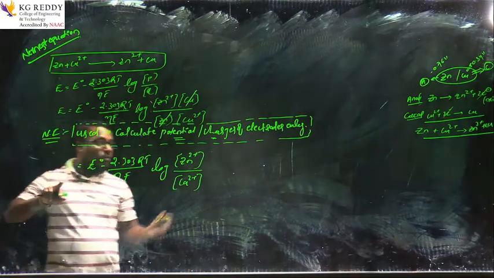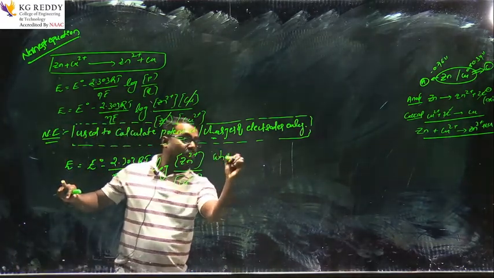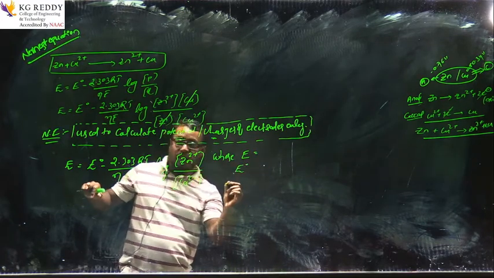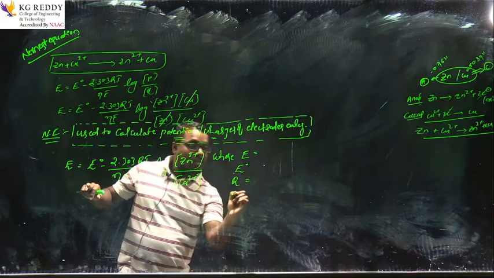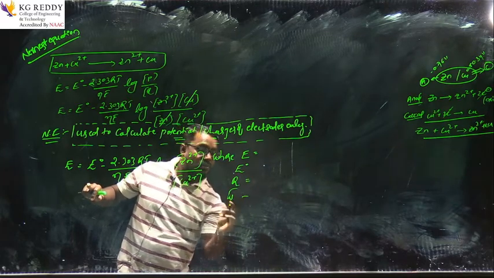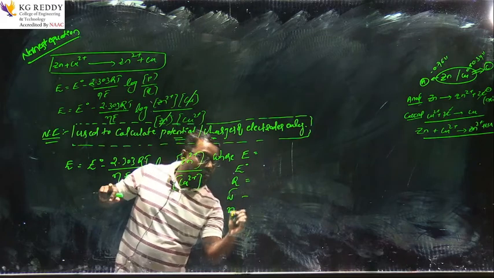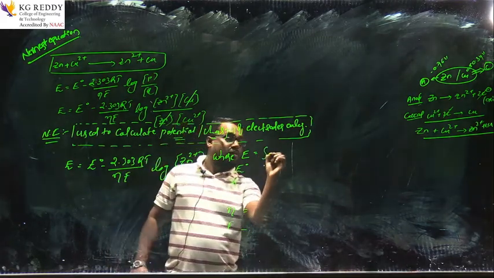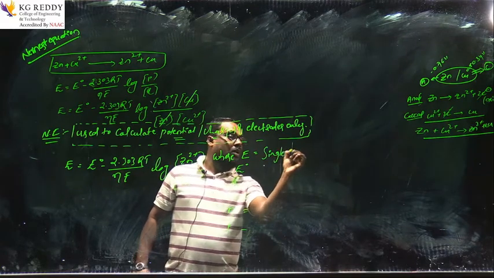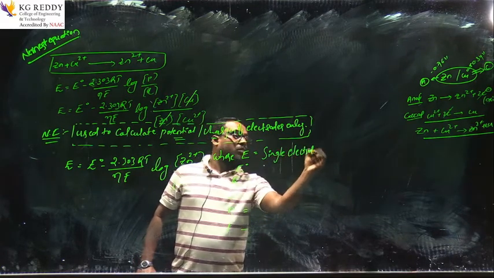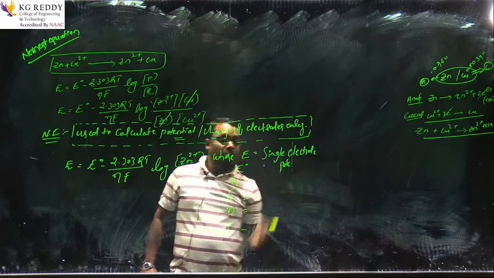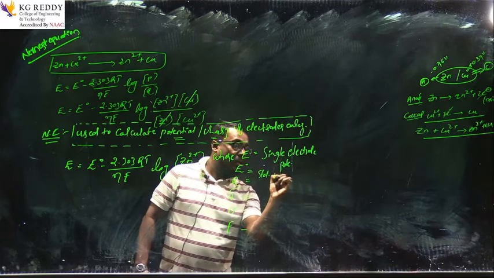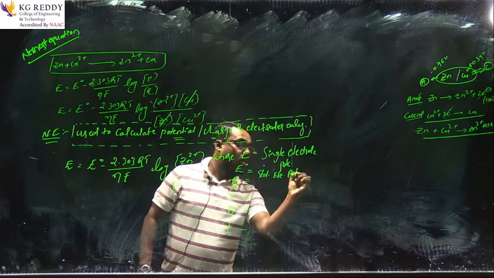Now we need to write what each term means: E, E naught, R, T, N and F. E is the single electrode potential. E naught is the standard electrode potential.